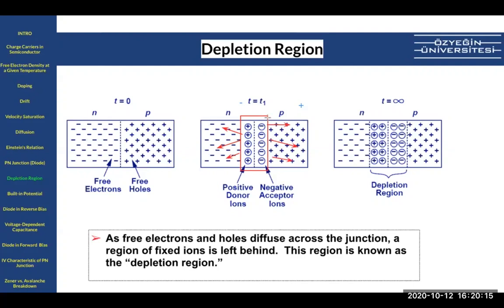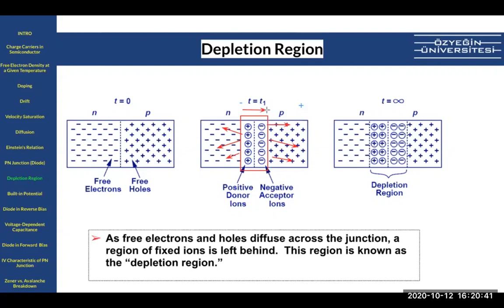And there is this junction called depletion region, and its left side is with positive donor ions, which is phosphorus, and the right side is negative acceptor ions. And this region creates an electric field because left side is pluses, right side is minuses, right?